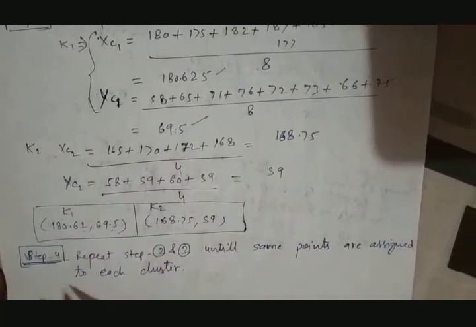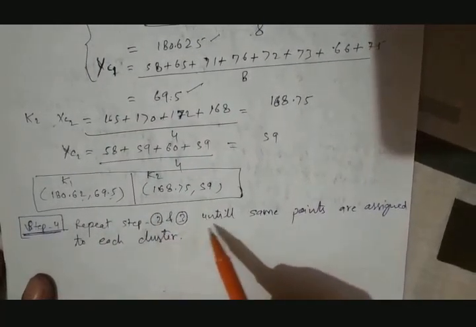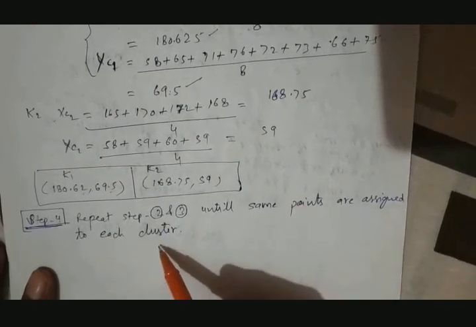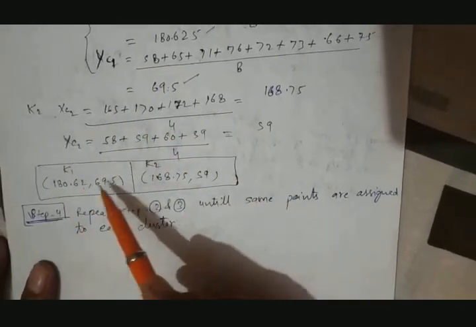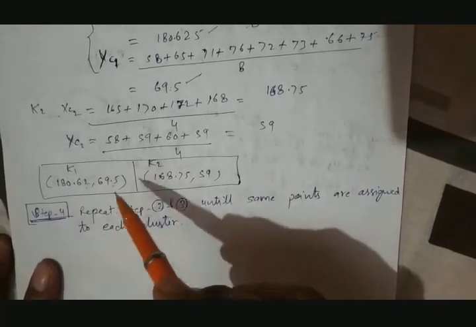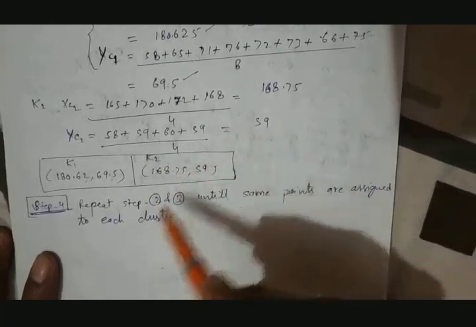Now step 4 says to repeat step 2 and step 3 until all the same points are again assigned to each cluster. So we again calculate the distance, find the cluster number for each data point, recompute the centroids, and again find the distance.